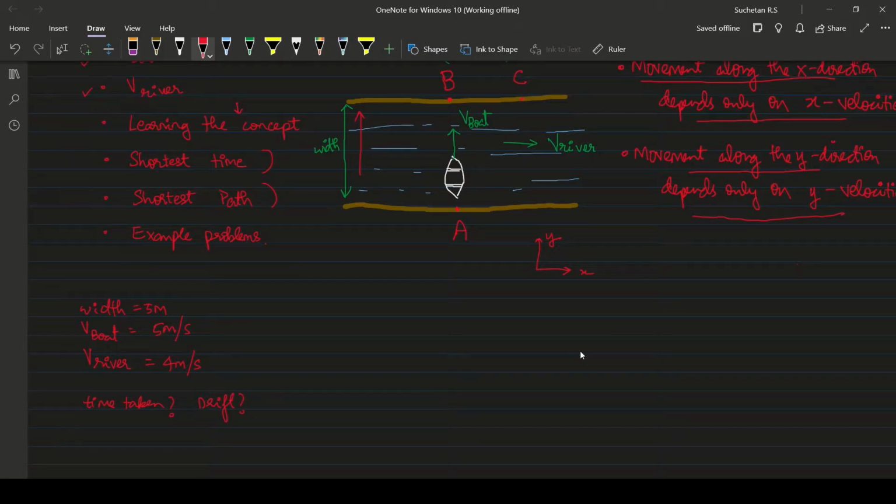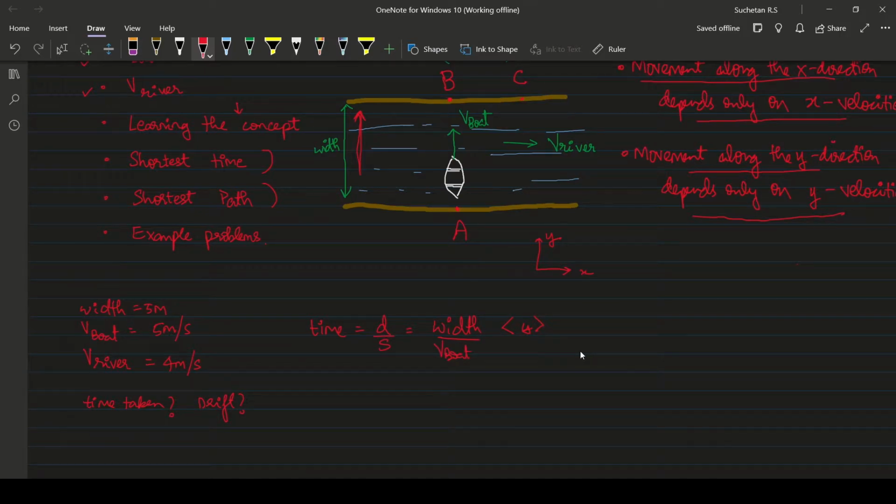So let's begin. The time taken is, as we all know, distance by speed. So the distance here will be width of the river, this width. Now remember that this width is in y direction, okay? Distance by speed, and speed is velocity of boat.